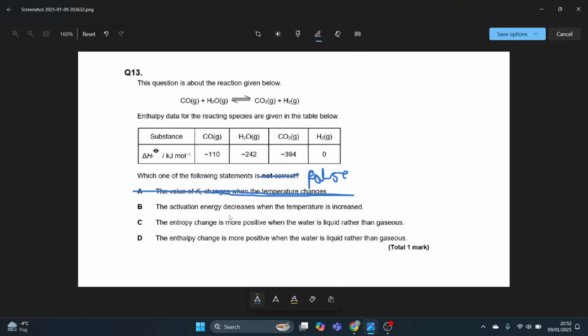The activation energy decreases when the temperature is increased. The entropy change is more positive when the water is liquid rather than gaseous. I think there's a mistake here. Oh no, that's entropy. Entropy change is more positive when the water is liquid rather than gaseous.